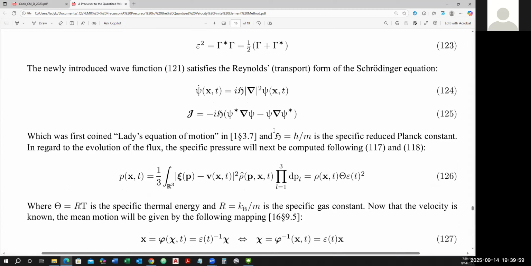So this H is HS in the code. This is HB. This is mass in kilograms. We are going to work in kilograms, meters, seconds, Kelvin.